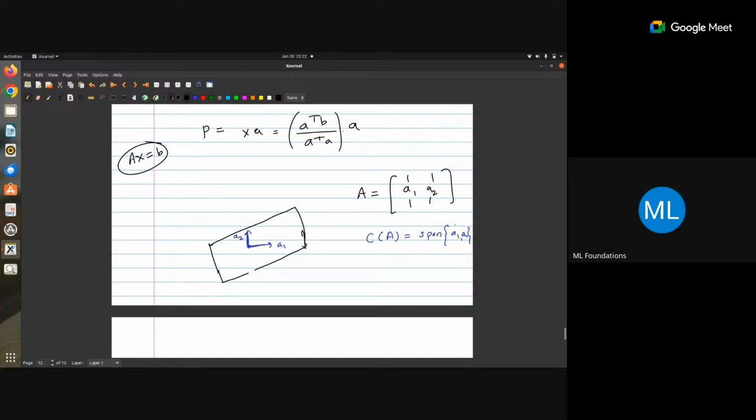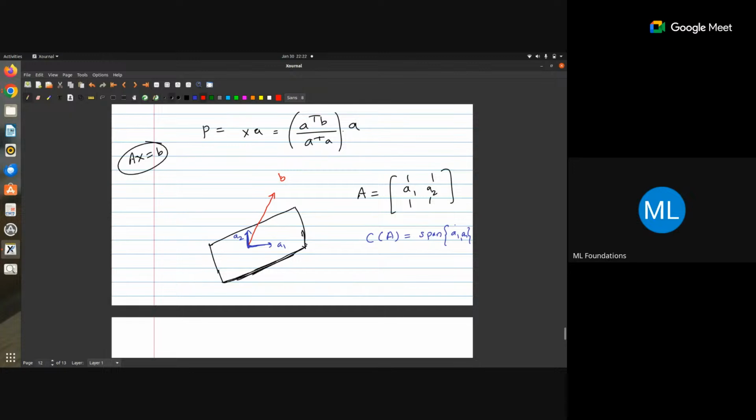That means if b was somewhere in this plane, then Ax equals b was solvable, correct? And when it is not solvable, when we have some b which is not in the column space of A, correct?